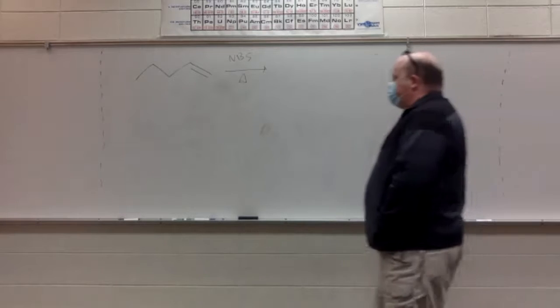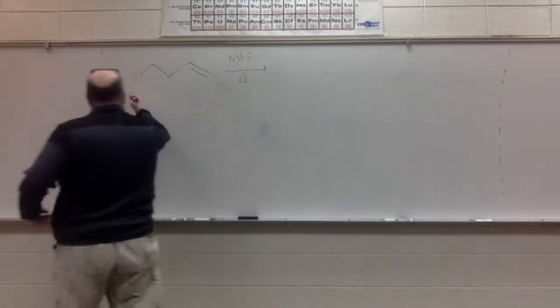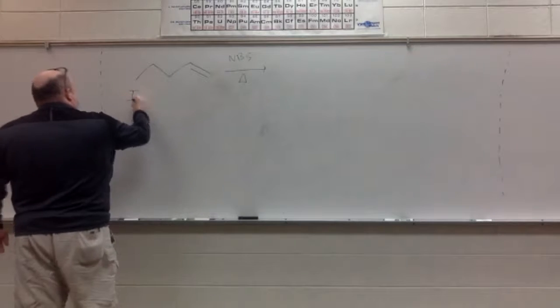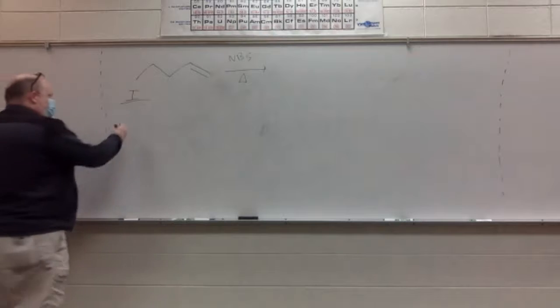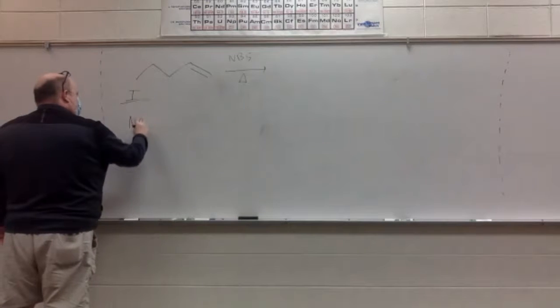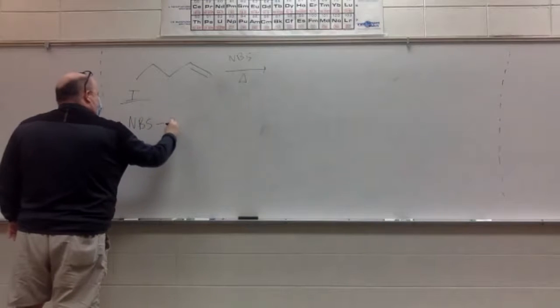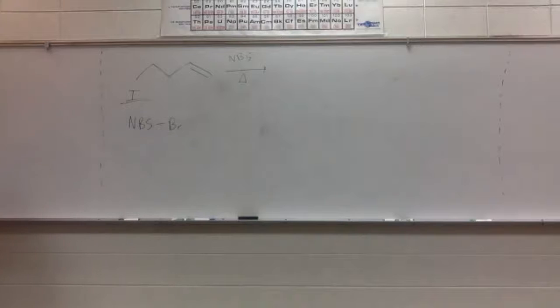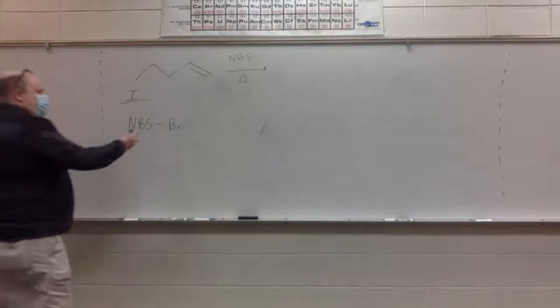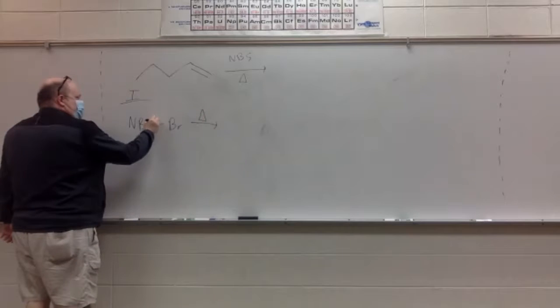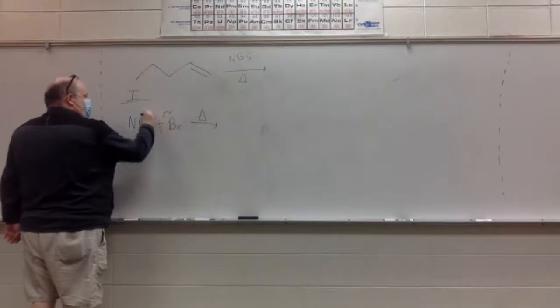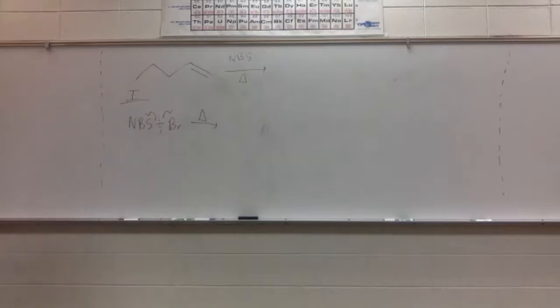Okay. So for allylic halogenations, allylic brominations, again, let's go back to initiation. First thing you want to do is take this NBS, and this NBS has a Br in it, all right? So again, the first thing you want to do is produce that bromine radical. Basically, that's going to split that Br off the rest of your NBS structure.